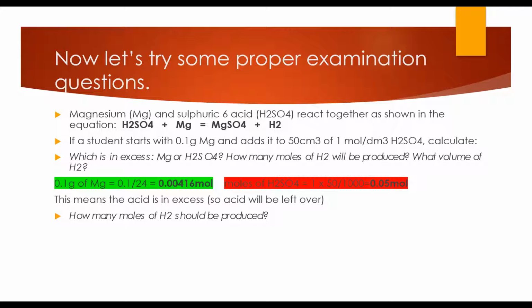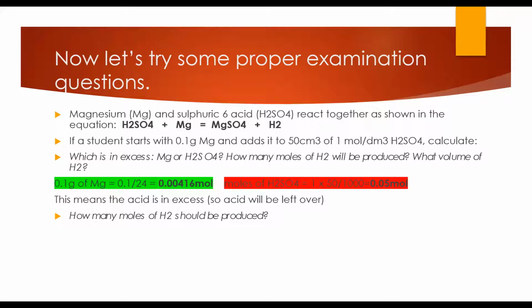The second bit said, how many moles of H2 would be produced? Well, because we have more sulfuric acid than magnesium, the amount of hydrogen produced will depend on the magnesium, not on the H2SO4. There isn't enough magnesium to react with the H2SO4.